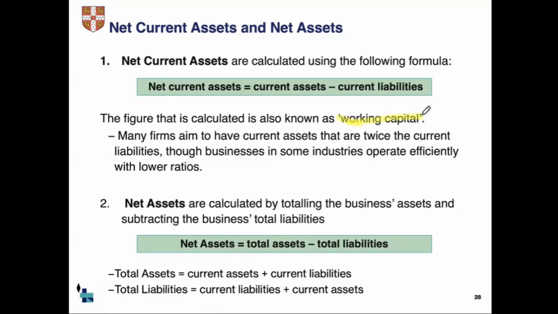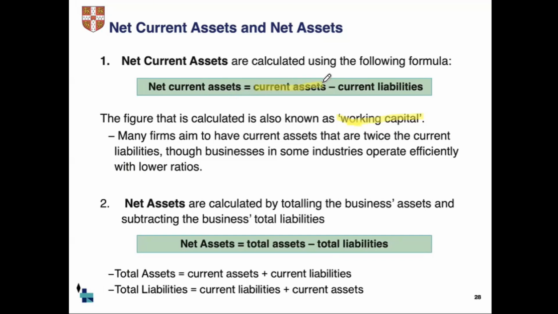We said that working capital is the capital available to the business to run its day-to-day activities. We also looked at the formula for working capital, and we said that it was current assets. And we know now what current assets are.